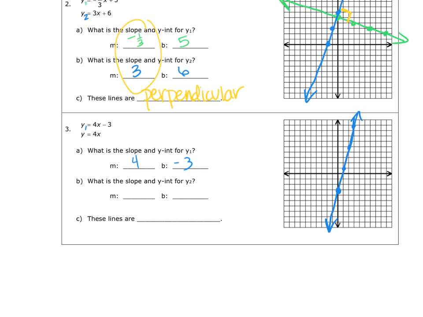Y2 has a slope of 4 and a b value of 0. It doesn't mean there isn't one, it just means it starts at 0. And then slope is up 4, right 1. And we can see that these lines never cross and their slopes are exactly the same. So these lines are parallel.